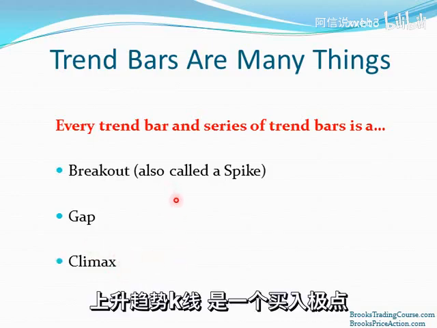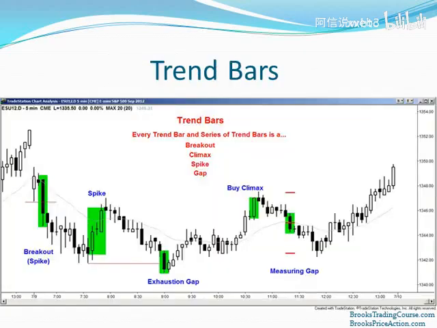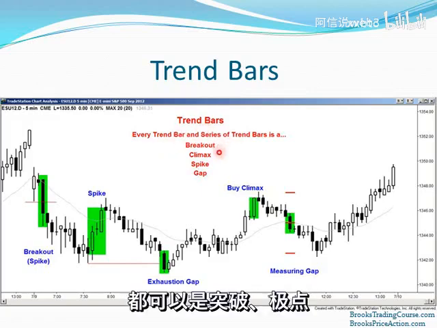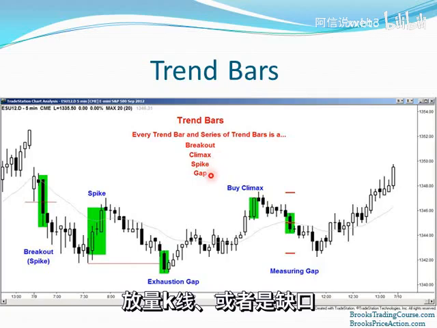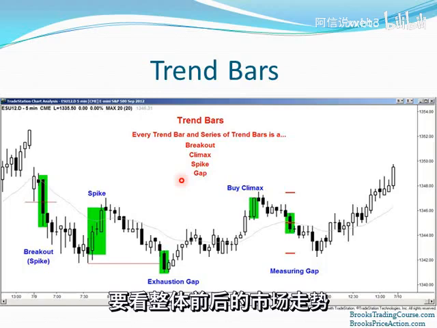A bull trend bar is a buy climax. A bear trend bar is a sell climax. So every trend bar and every series of trend bars is a breakout, a climax, a spike, and a gap. And it functions as one of those four things, depending on context.